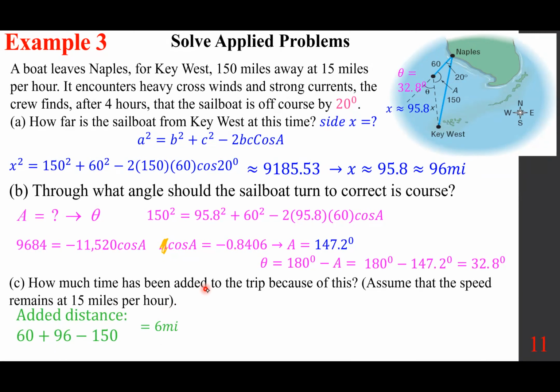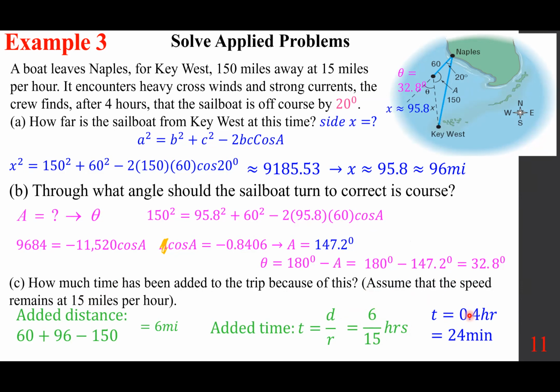And we know that D equals RT, T equals D over R. In this case, the extra distance is 6 over 15 miles. And that gives us 6 over 15 hours. And of course, that corresponds to 0.4 hours. That corresponds to 24 minutes. Or simply put, you can multiply this one by 60, gives you the number of minutes.